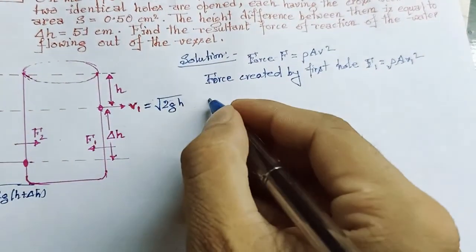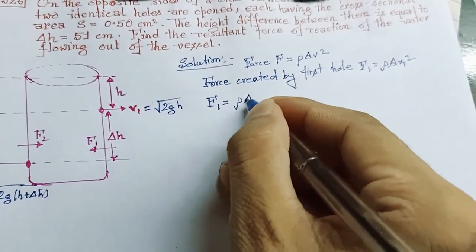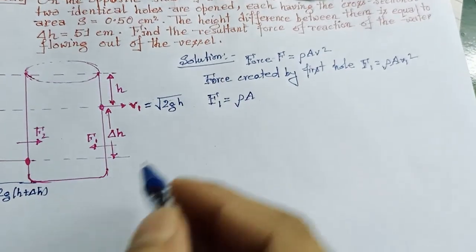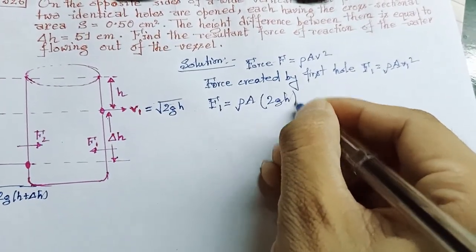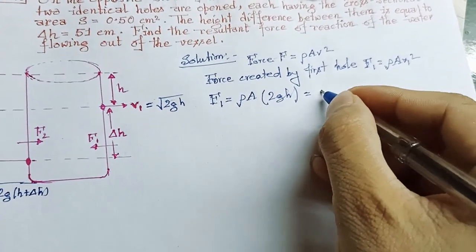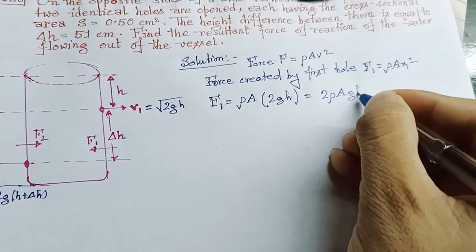So we can write F1 is equal to rho A and v1 squared is equal to 2gh. So its ultimate value will be 2 rho A g h.